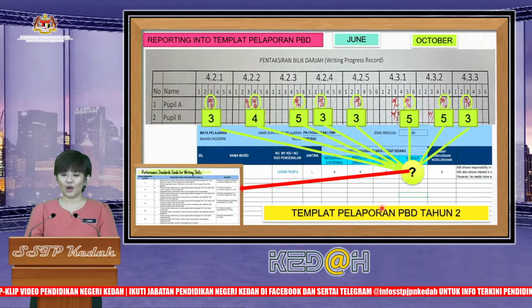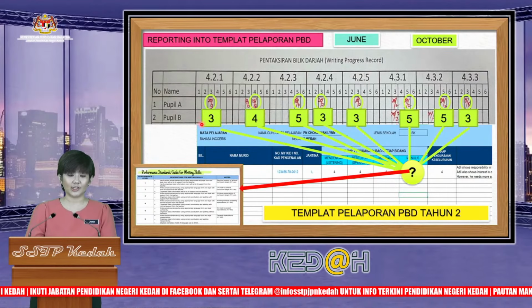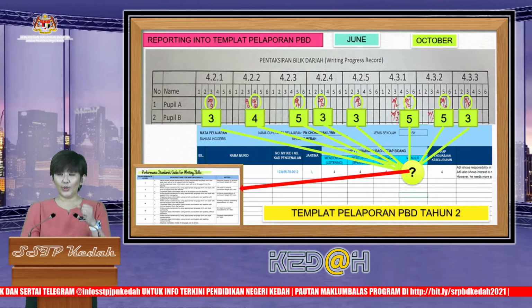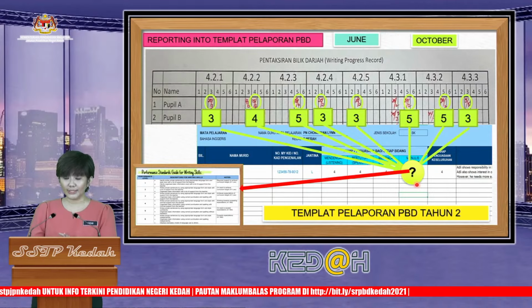So based on my record, pupil A, the highest achievement for 4.2.1 is a 3. Highest for 4.2.2 is a 4, a 5 for 4.2.3, and so on. Okay, so we need to fill in the overall performance level for writing skill. So how do we do this?